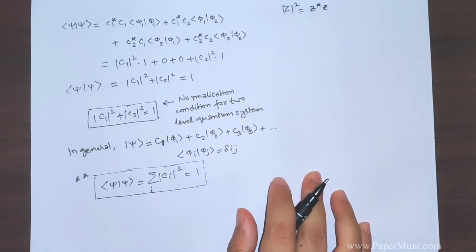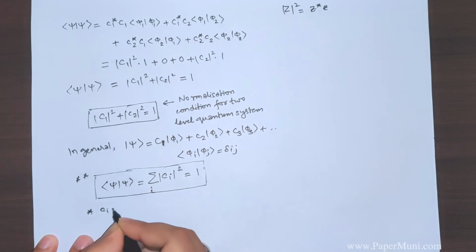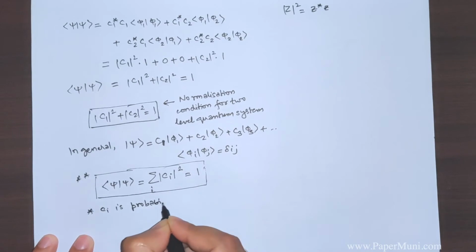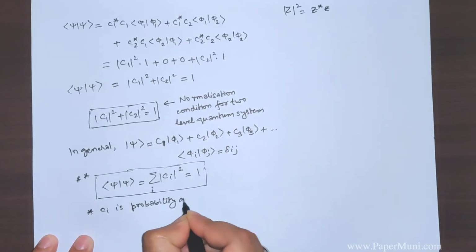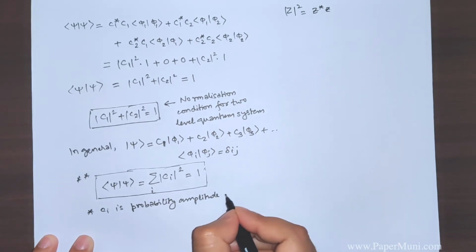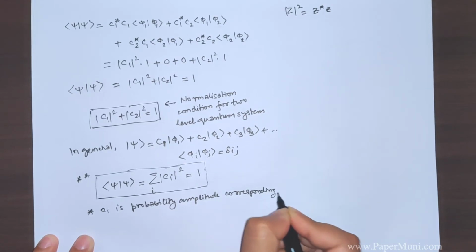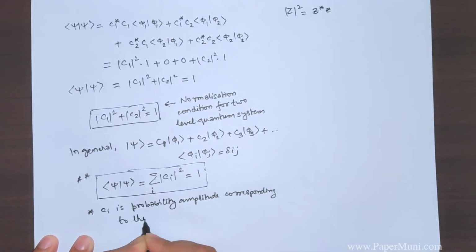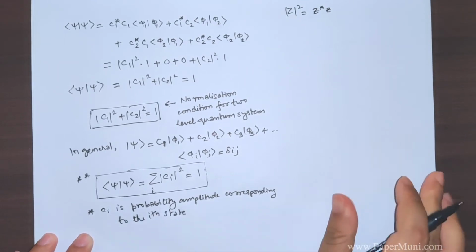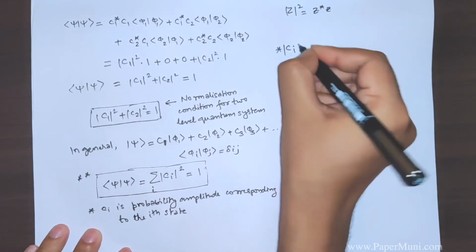Now what is Ci here? Ci is called the probability amplitude corresponding to the ith state. Now the other thing is Ci mod square.